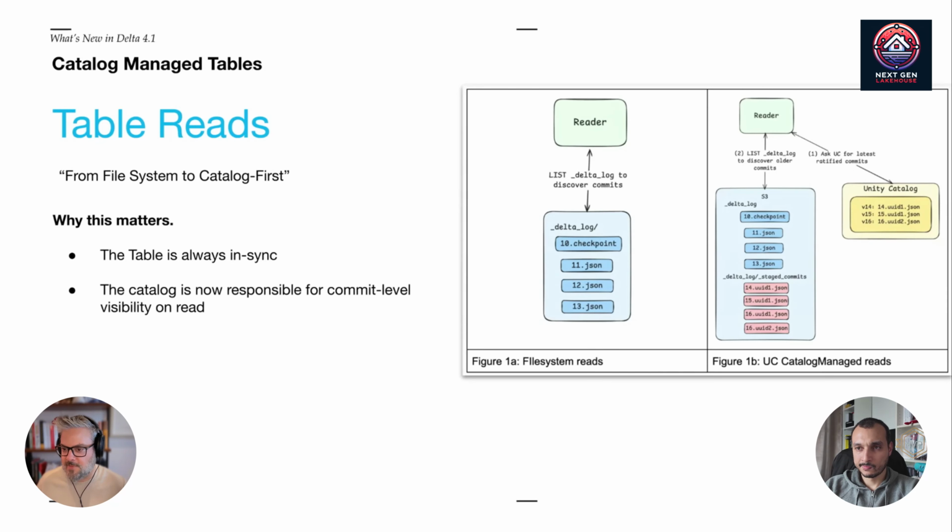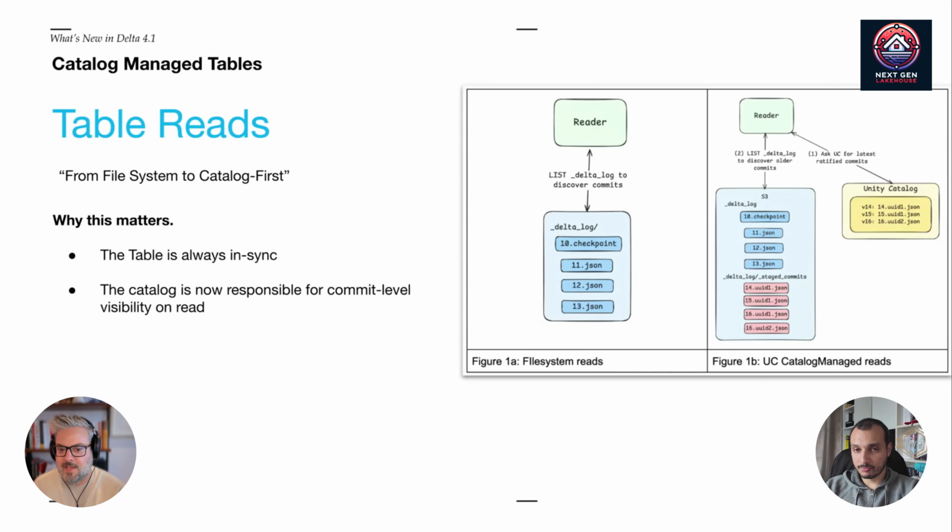You have the ability to read through the traditional path, through the Delta log, and you also can read the staged commits that haven't been ratified into the core Delta log yet. So you have this two-phase commit path, which is interesting as well.